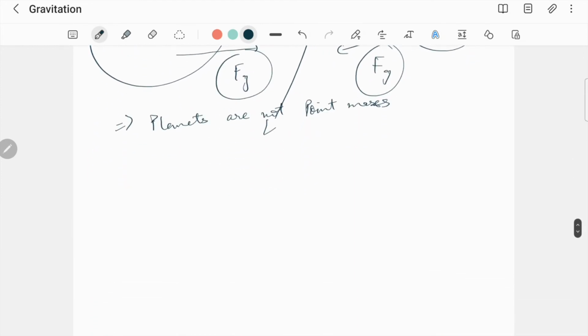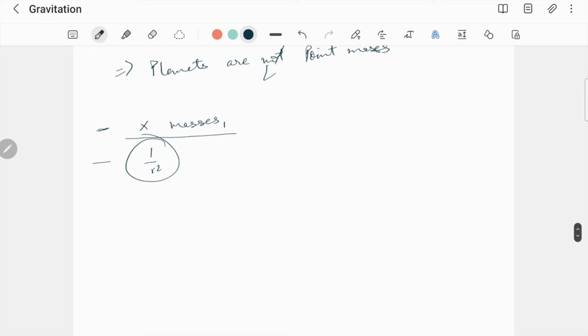So we just consider them to be point masses. The two ideas that you need to keep in mind are that it's directly proportional to the product of their masses, and inversely proportional to the square of their separation, which is very important.